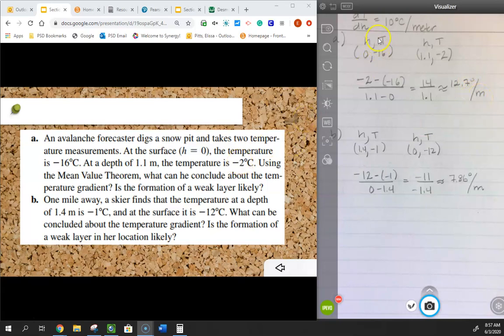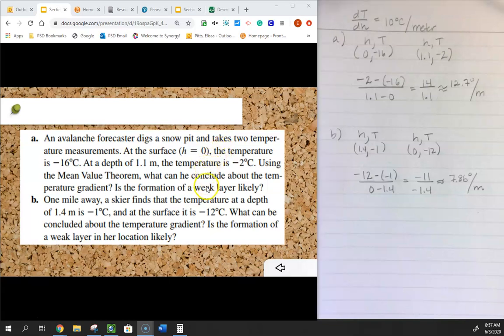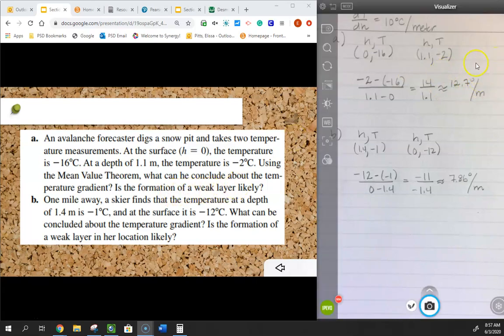So knowing that 10 degrees Celsius per meter is that cutoff for the temperature gradient creating a weak layer, we can say yes, the formation of a weak layer is likely because this is greater than 10 degrees Celsius per meter.